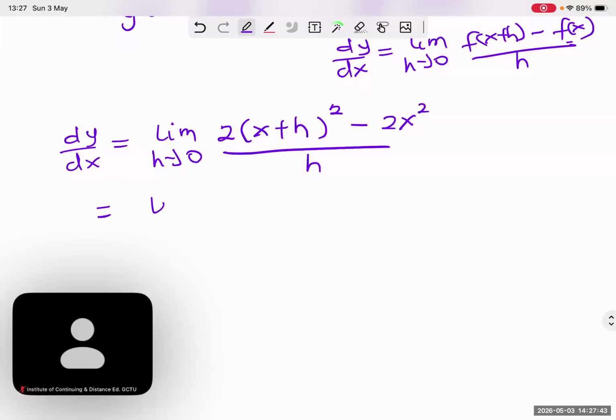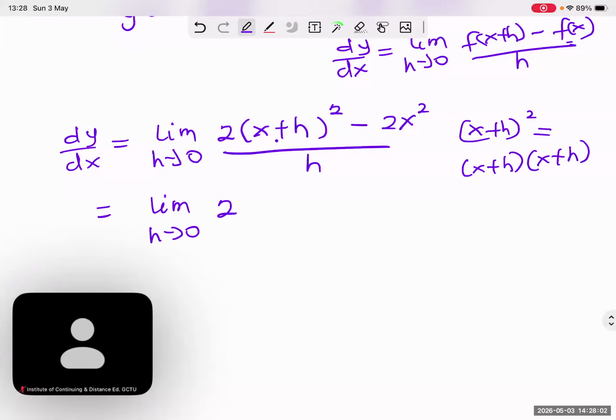So this is equal to the limit as h approaches 0. I have 2. To simplify this bracket here, I have x plus h all squared. So x plus h all squared is the same as x plus h times x plus h.